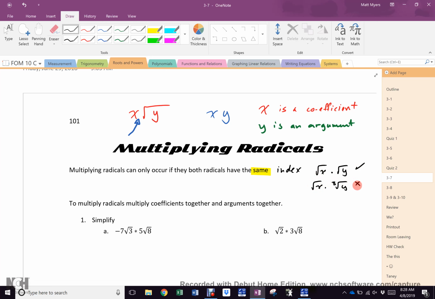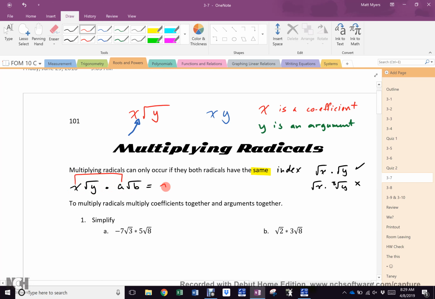All right. So again, let's write it out. X root y times a root b. So I have two things here. Can I multiply them together? Yes. Why? Because they have the same index. But there is no index written there. Aha! That's okay. We know it's 2. So, remember, coefficients go with coefficients.